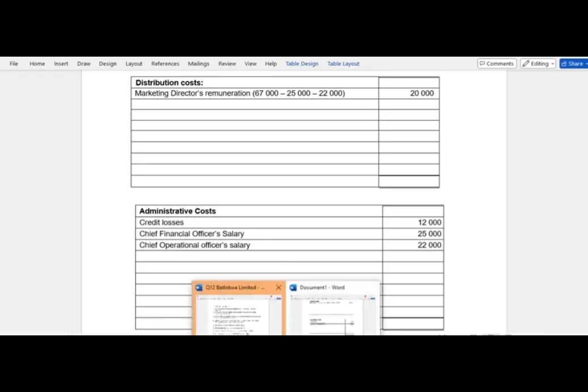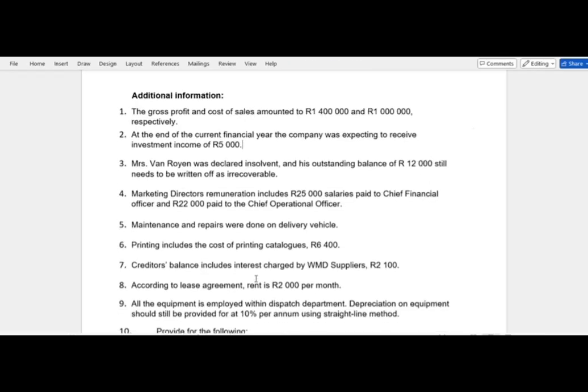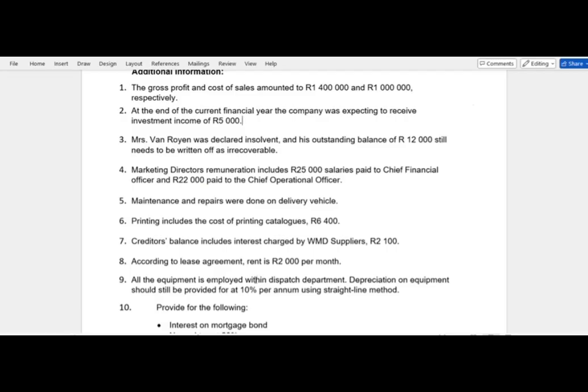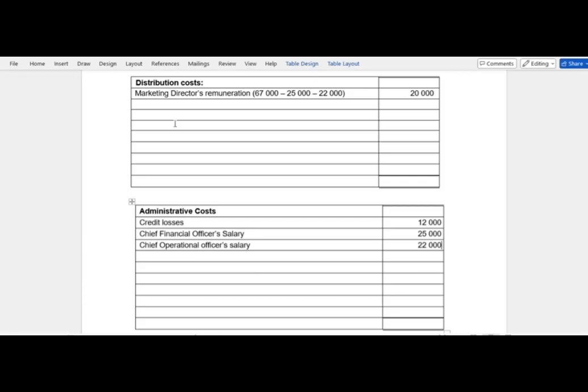Now let's go to the next transaction. Another transaction, number 5. They say maintenance and repairs were done on the delivery vehicle. A delivery vehicle is a vehicle that we use when we distribute goods to the customers. So that means repairs and maintenance are distribution costs, because it's the vehicle that we use to deliver our products to customers.